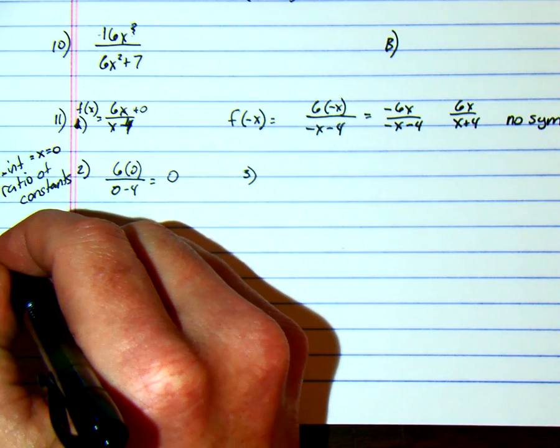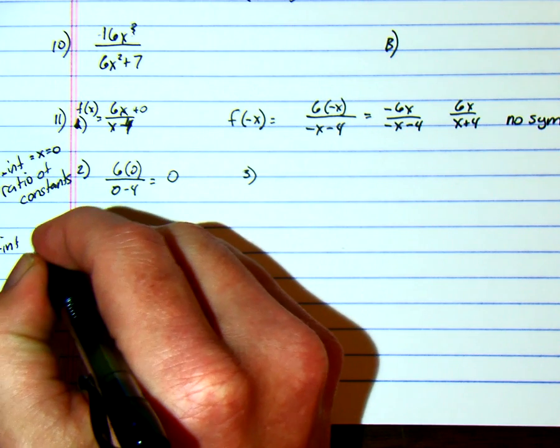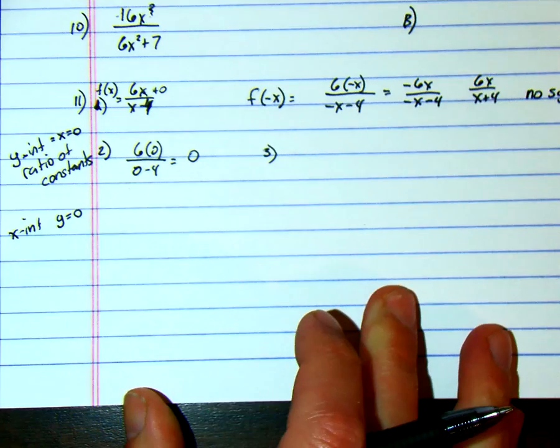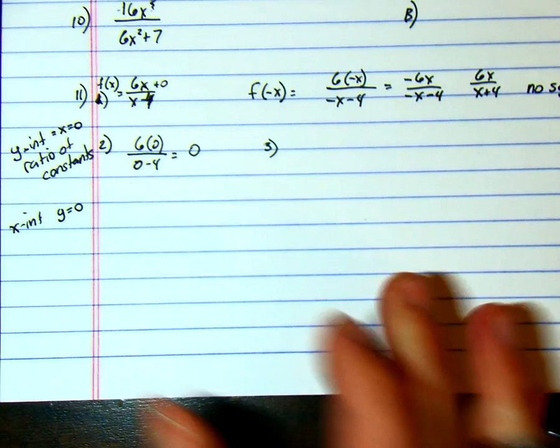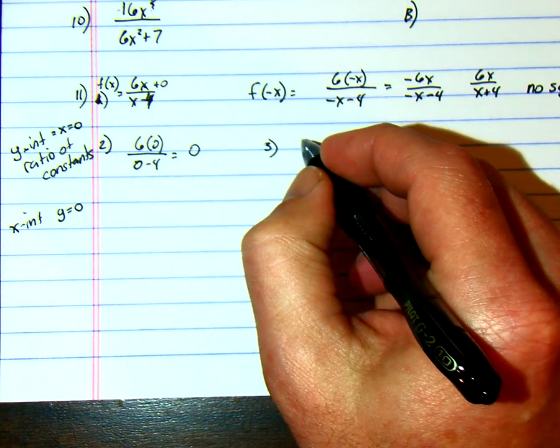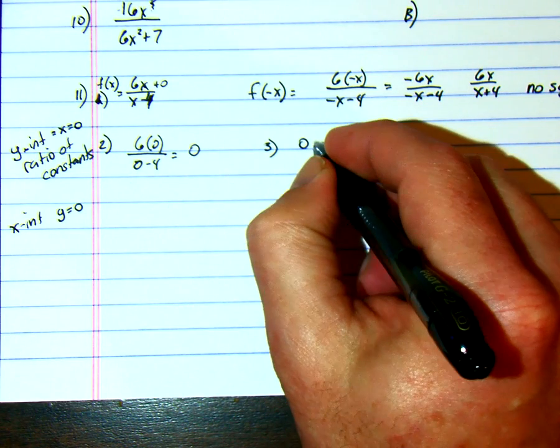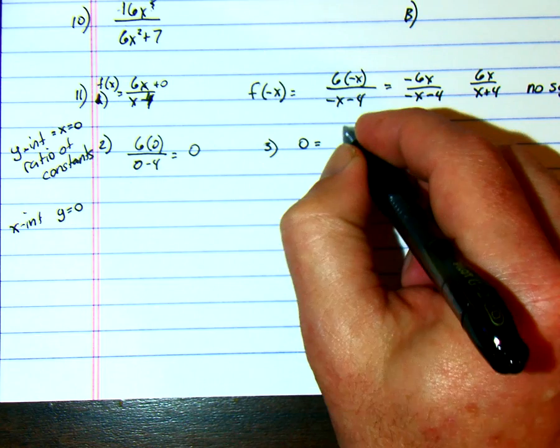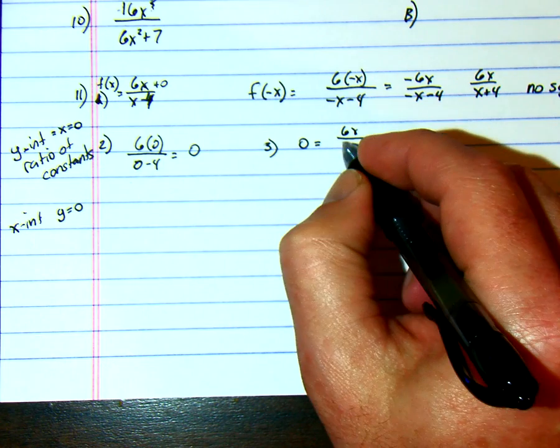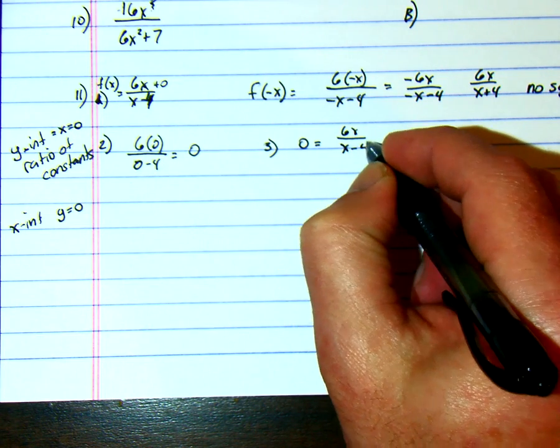For the x-intercept, y equals 0. So because the y value equals 0, we have 0 equals 6x over x minus 4.